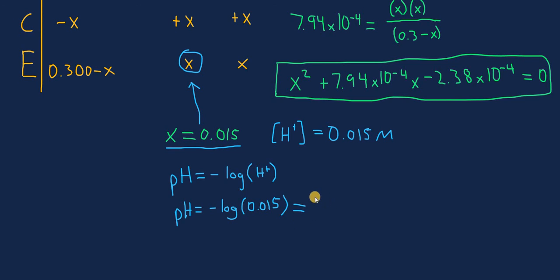And if you do this calculation, you should get right around 1.82 as your pH of this hydrofluoric acid solution. And that's how you use equilibrium to calculate the pH of a weak acid.